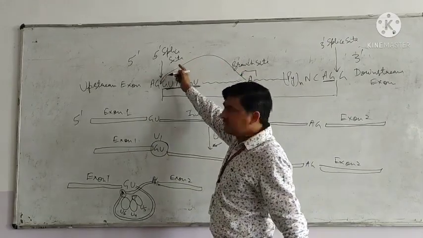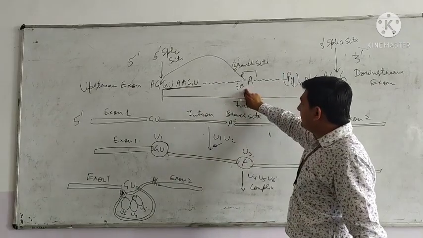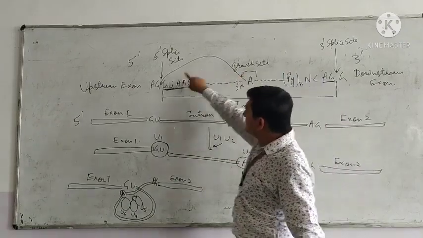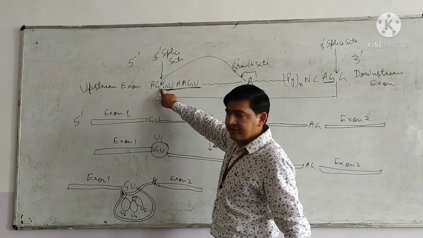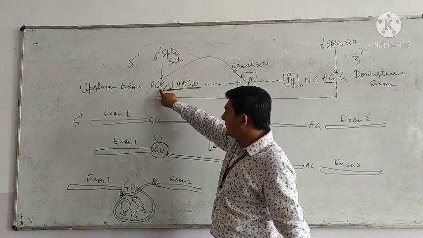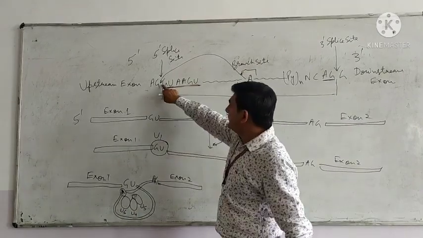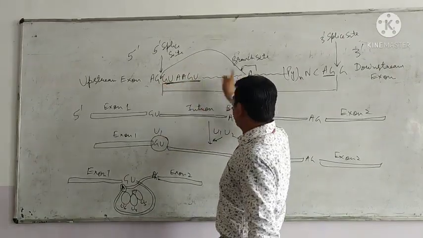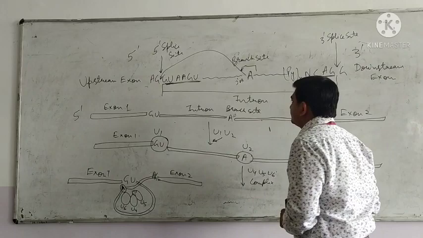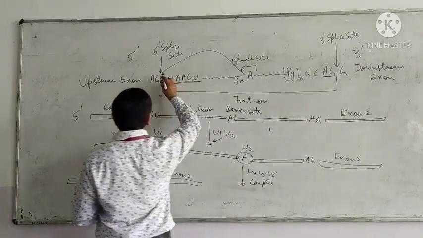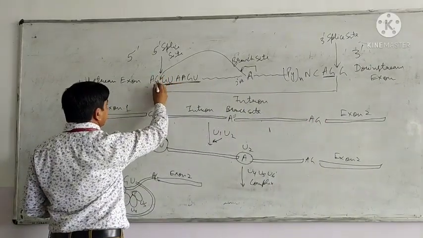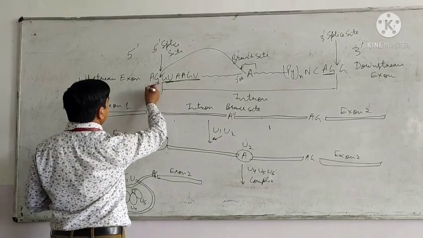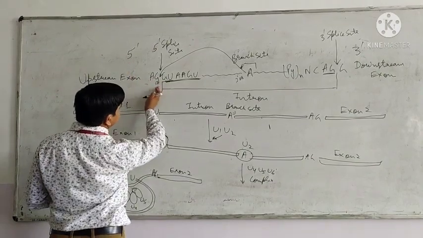As this is a splice site, the 2 prime hydroxyl group attacks this phosphodiester bond, and it breaks the phosphodiester bond and forms a bond with this G, and now it breaks this bond, and G-OH, as this is 5 prime, this is 3 prime.